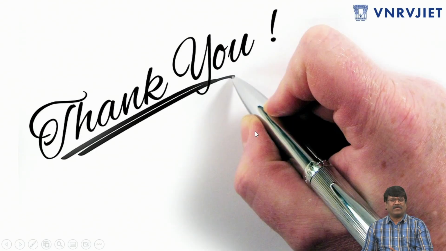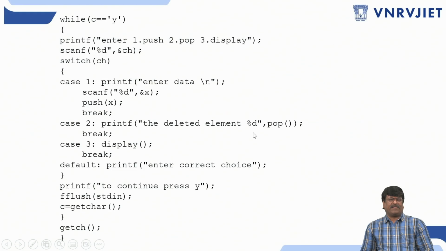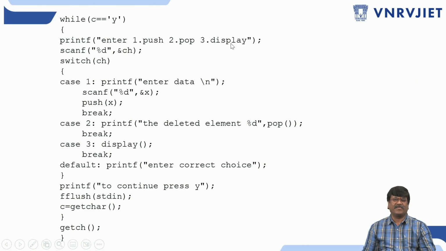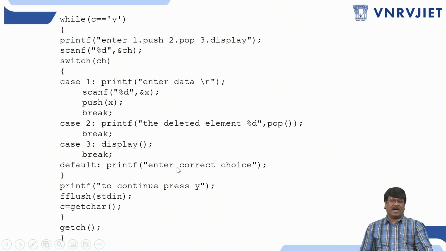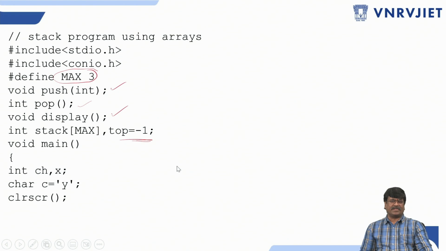And here I am giving only three functions: push, pop and display. So this is how we can write the code for the operations of the stack using arrays. You can also implement with a different size of array and check different operations here.